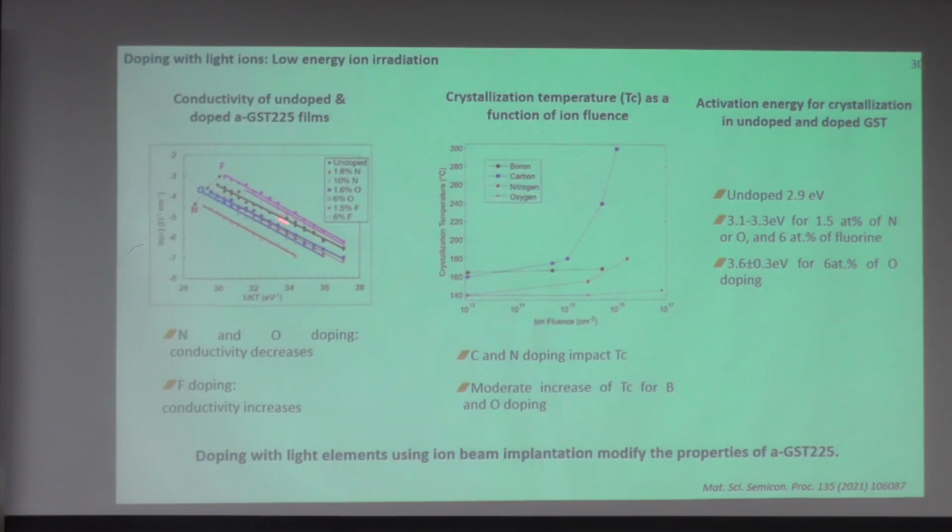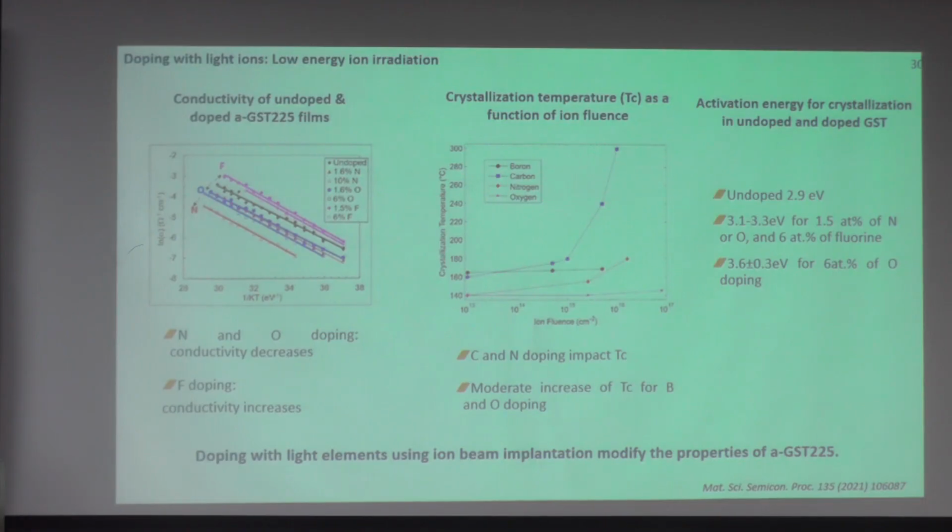The black line shows undoped material, and nitrogen and oxygen doping, on average 1.6 atomic percent, can decrease the conductivity of GST. Fluorine makes the reverse process: it increases the conductivity of GST material.